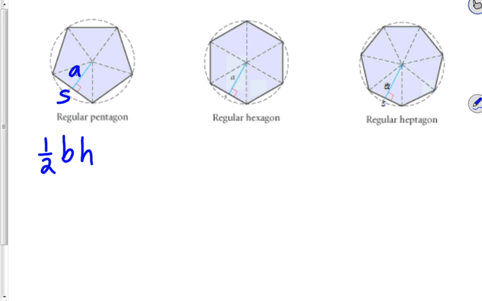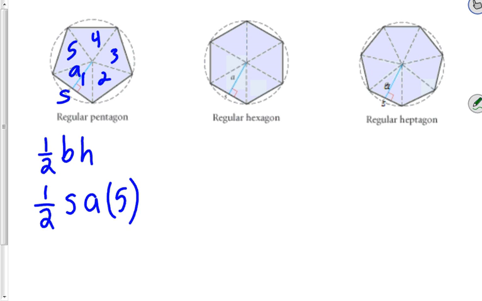So 1/2 base times height becomes 1/2 side length times apothem. Now, if we want to find the area of the whole regular pentagon, we're going to multiply this by 5, because there are 5 congruent isosceles triangles. So we'll multiply by the number of sides, in this case 5.